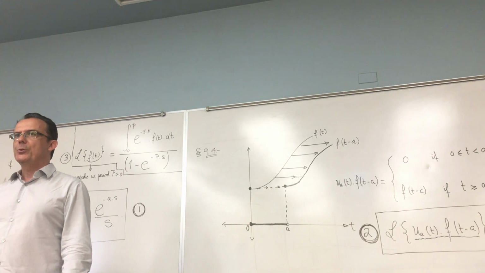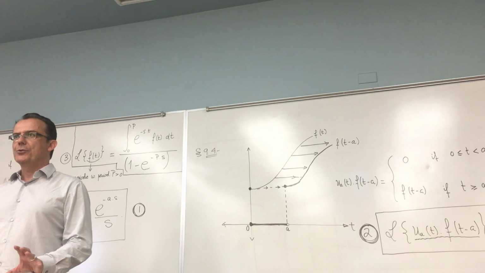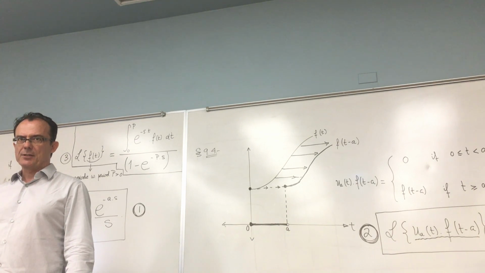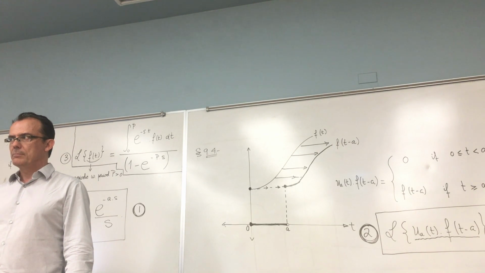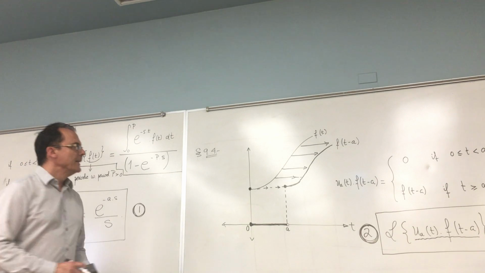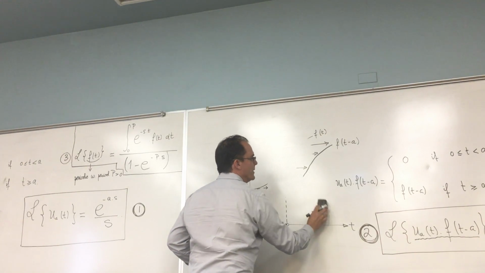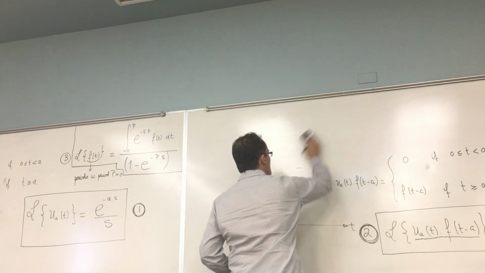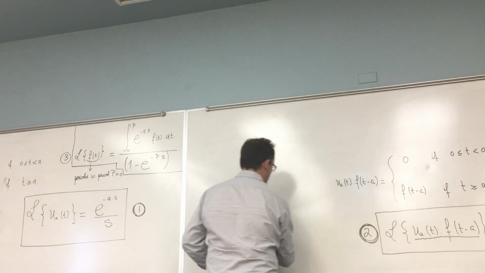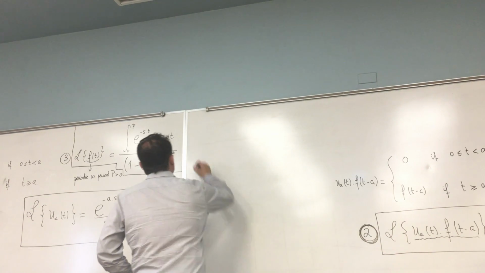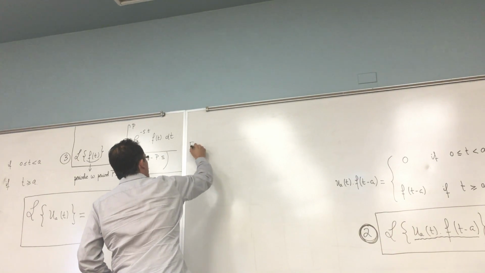So what we're going to do next is use these three formulas for the Laplace transforms to compute Laplace transforms of other functions of t, piecewise functions of t. So let's start, keeping number 2. Let's start with this.